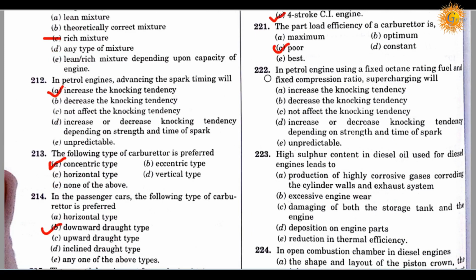Question number 222. In petrol engine using a fixed octane rating fuel and fixed compression ratio, supercharging will, option A, increase the knocking tendency, option B, decrease the knocking tendency, option C, not affect the knocking tendency, option D, increase or decrease knocking tendency depending on strength and time of spark, option E, is unpredictable.